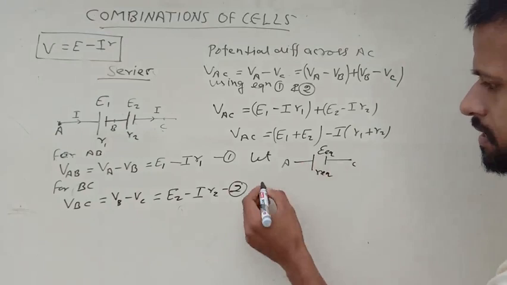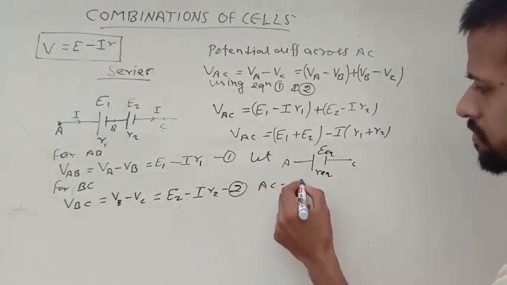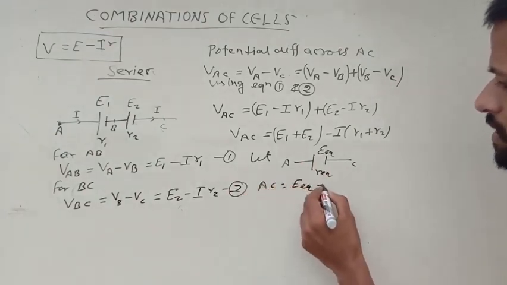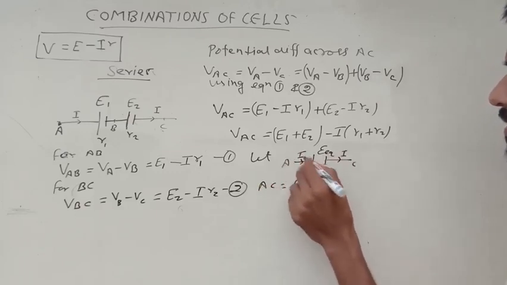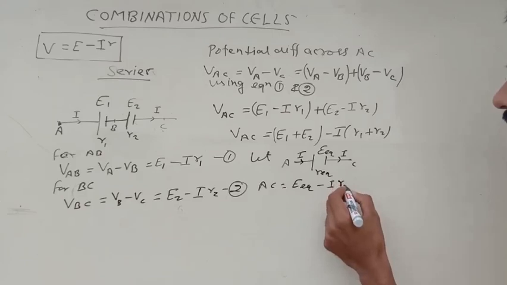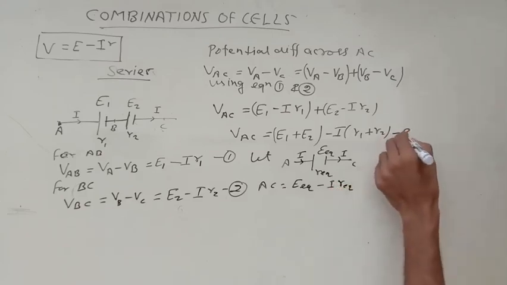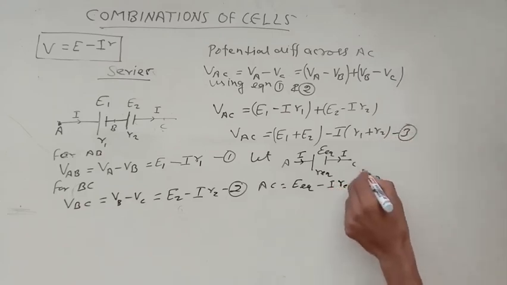So VAC is equal to the equivalent EMF minus I, the same current flowing, times R equivalent. This is equation 3 and this is equation 4.